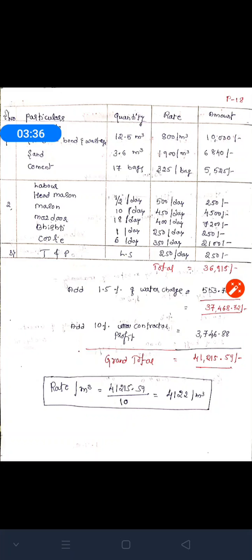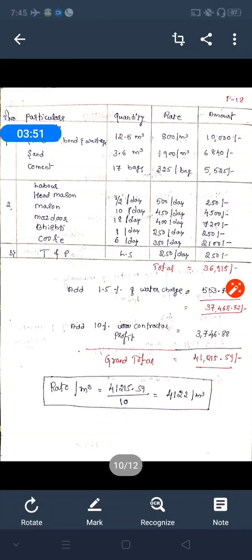Remember, per 10 meter cube of work we require 12.5 meter cube of stones. It could be calculated, but here we don't have time for the calculation, so we move directly to the values. You should remember these values. The second is the sand, which we calculated as 3.6 meter cube, and the cement is 17 bags.